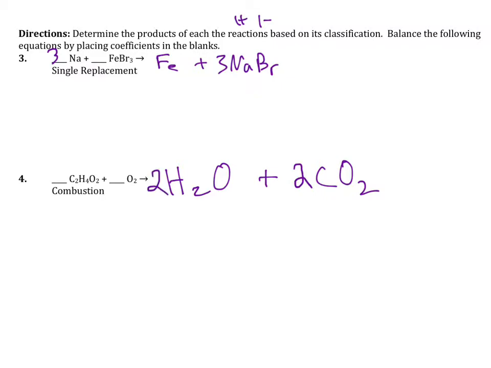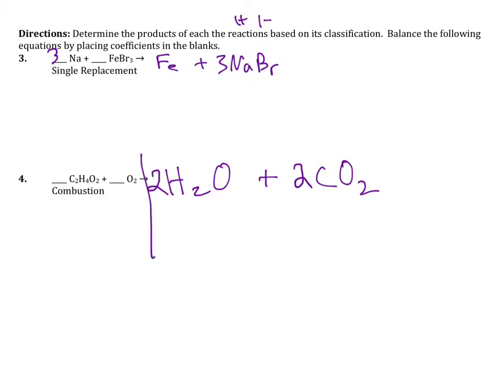Now, what I want you to do is answer this question. How many oxygens are on the left and how many oxygens are on the right? Very important that you pause the video and answer this question, because this is the biggest mistake that people make. Pause the video and answer this question. How many oxygens are in the reactant side and how many oxygens are in the product side?